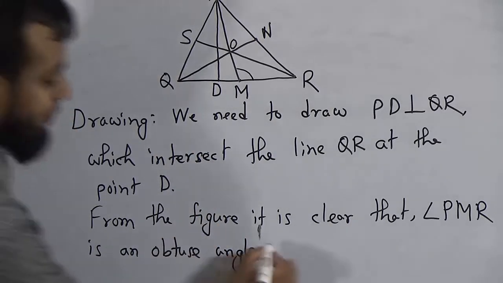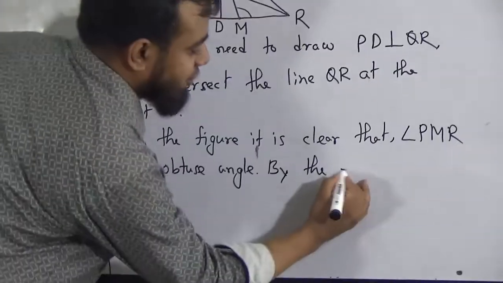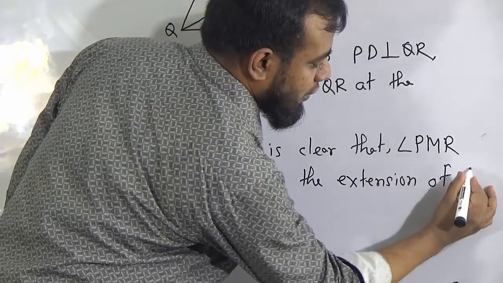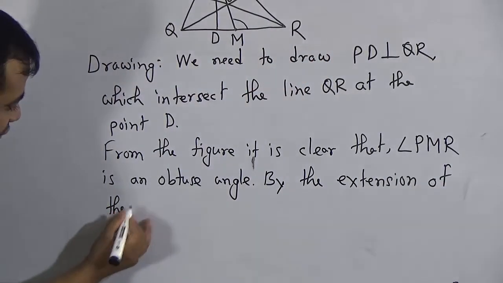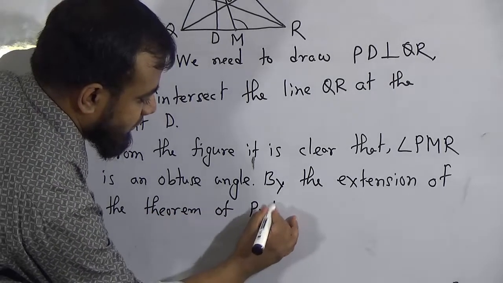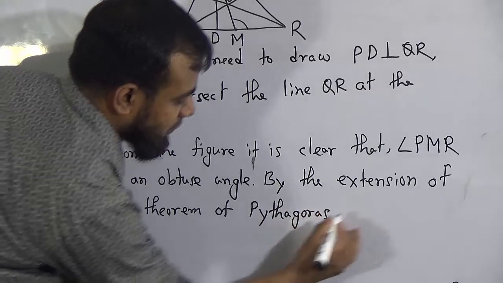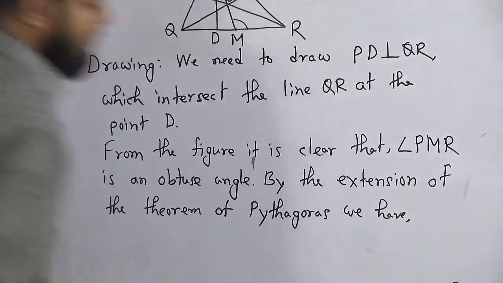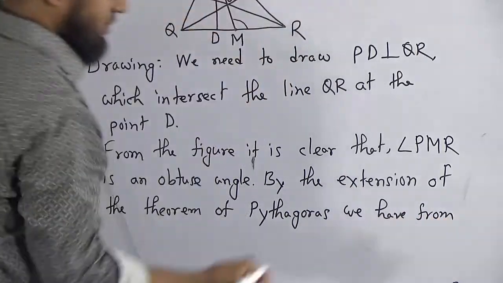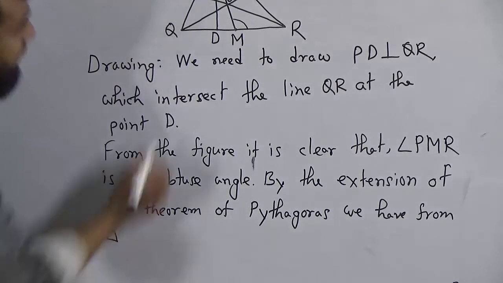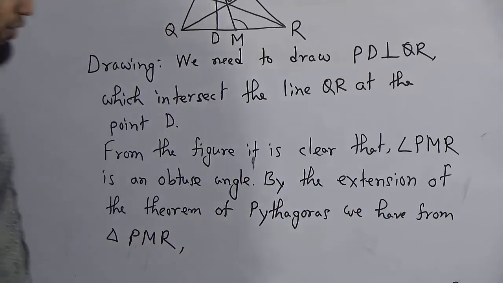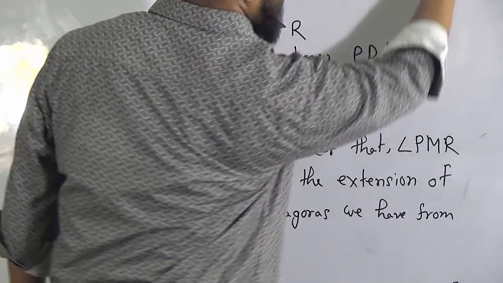Okay. Now by the extension of the theorem of Pythagoras, from triangle PMR, I am writing on the right side top, my dear students.